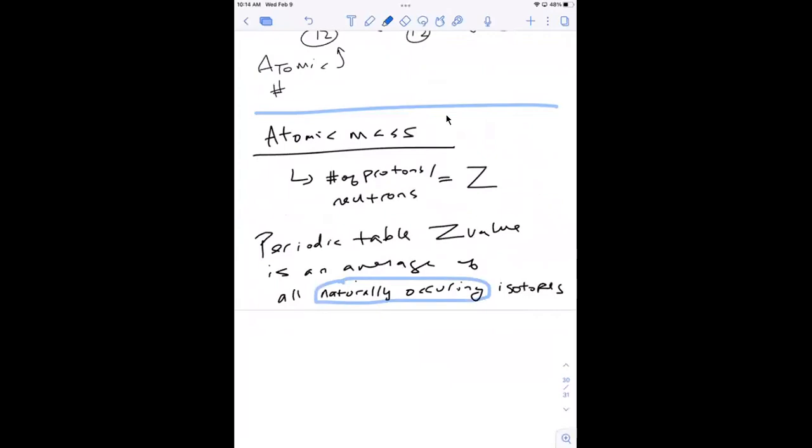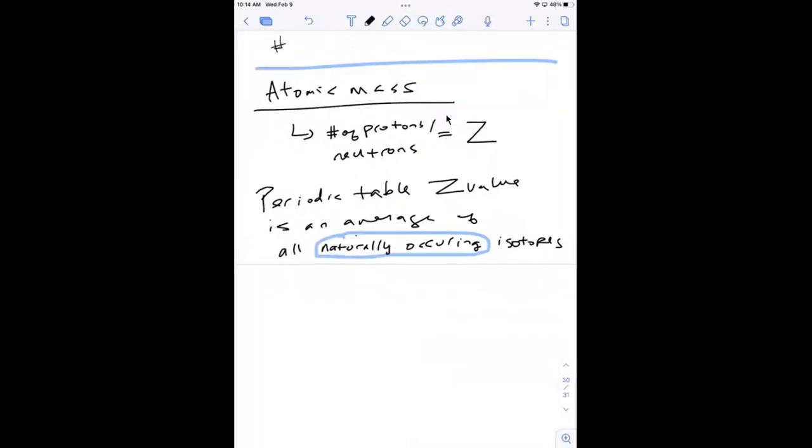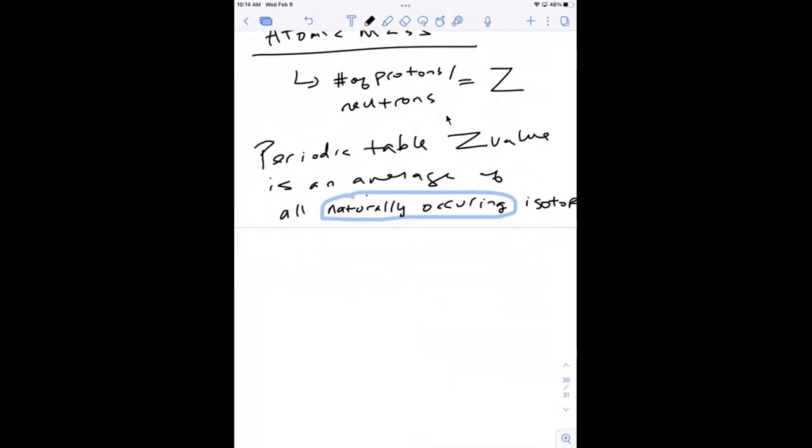If it occurs in nature, no matter the percentage, and a lot of times some of the isotopes will have very small percentages that are different from the main isotope or the main element that exists. But if it's naturally occurring, then what you see represented on a periodic table is actually an average. We call it the average atomic mass.